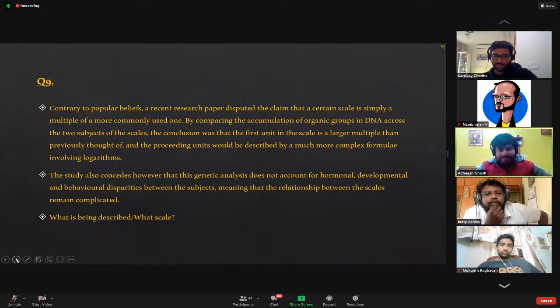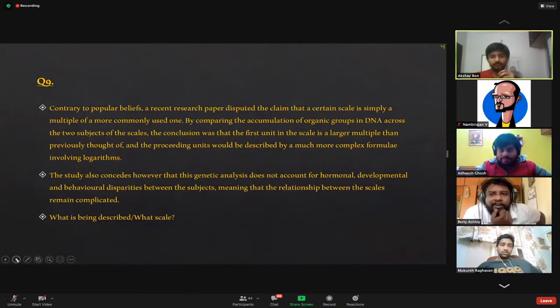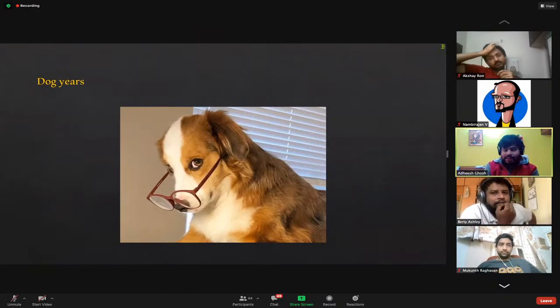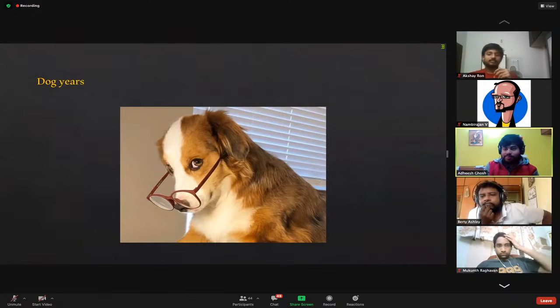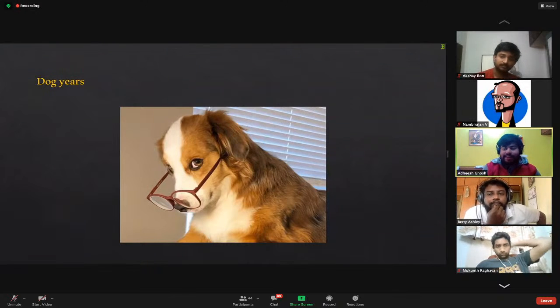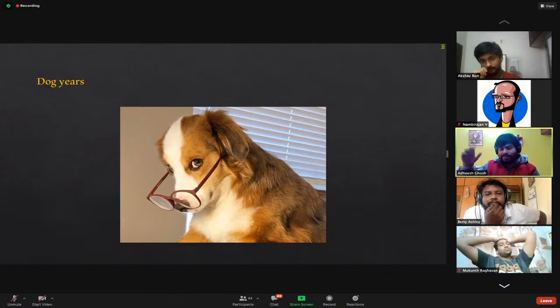Question 9. Dog ears. Dog ears, exactly. So dog years are not simply the multiple of 7 of human years. In fact, these guys found out that it's actually closer to 14 or 15 years for the first year, and then after that it just keeps on getting more complicated because they were comparing DNA sequences.